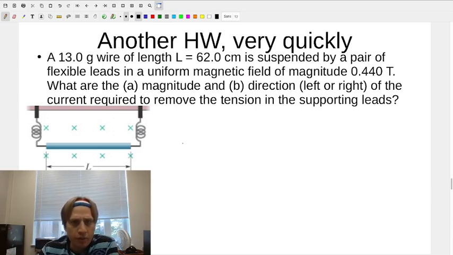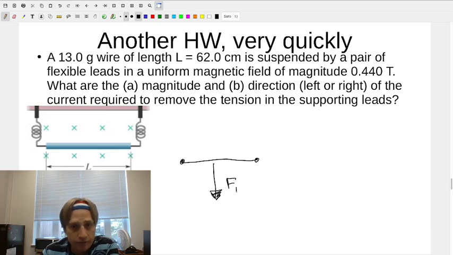Now another example of this, I'm going to let you work this out yourself, but the idea is what if you have a bar that is in the magnetic field? The force of gravity is going to be pulling the bar down. They give you the 13-gram wire, so you're going to be able to say the force of gravity is equal to m times g.